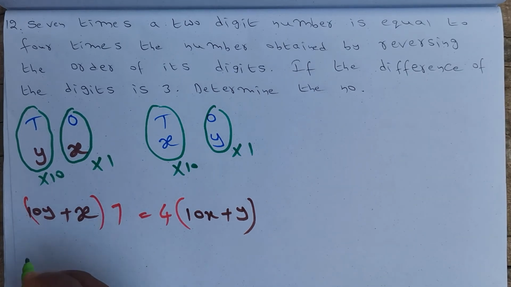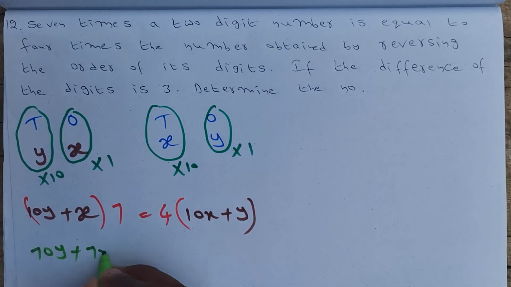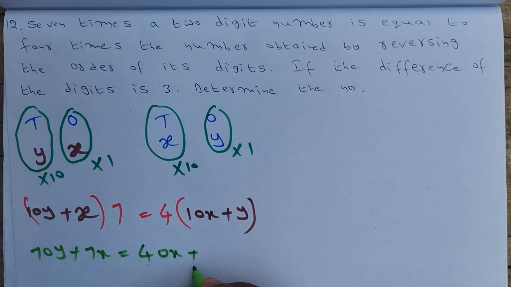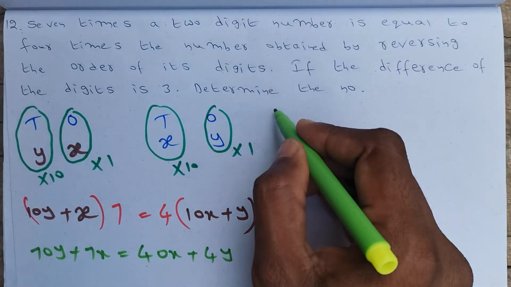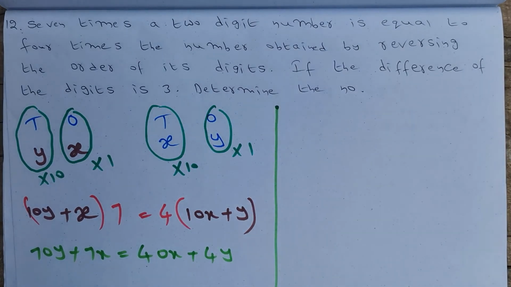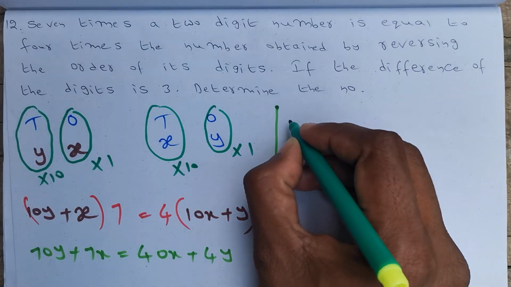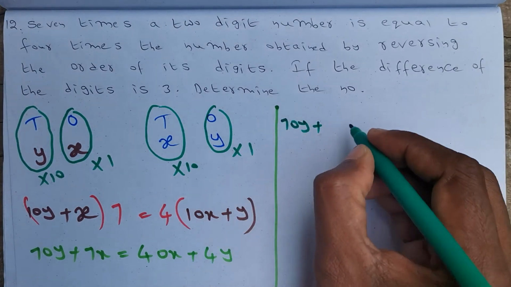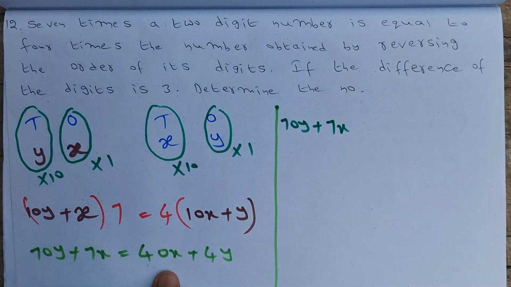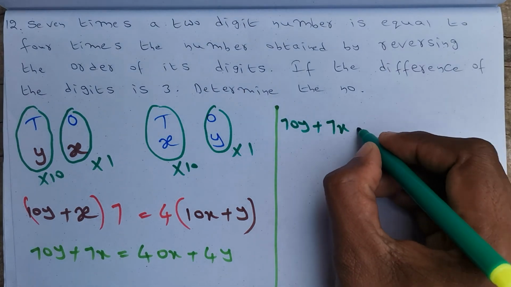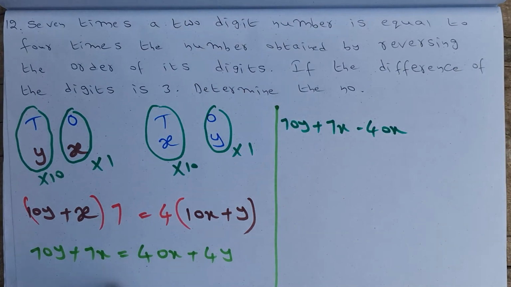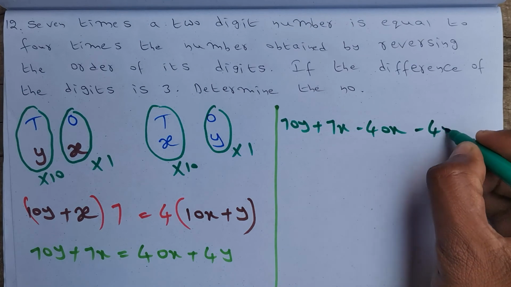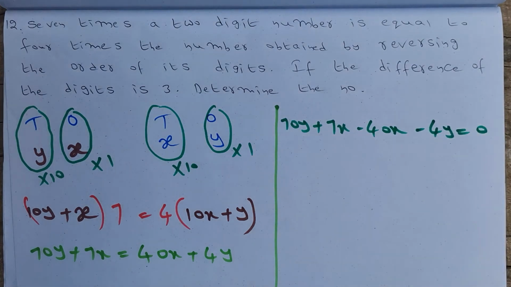7 into 10y is 70y, plus 7 into x is 7x, is equal to 4 into 10x, 40x, plus 4 into y, 4y. Everything I'll take to one side. 70y plus 7x, and on the other side, it will become minus 40x, minus 4y, is equal to 0.